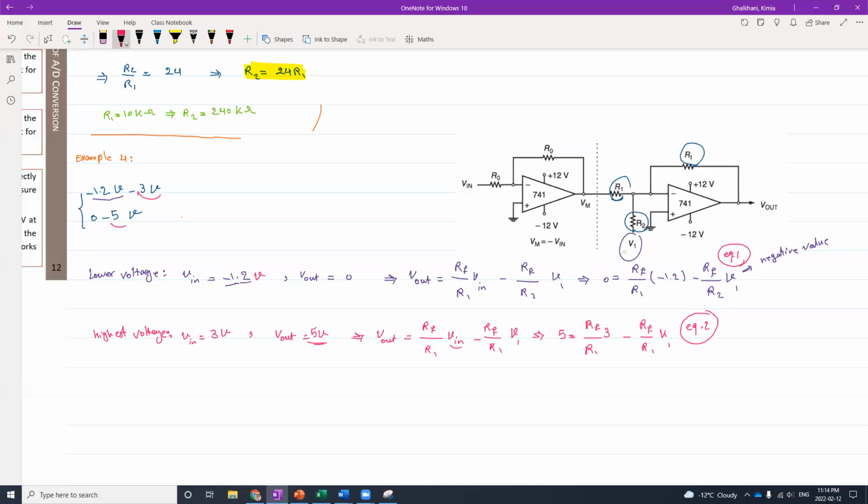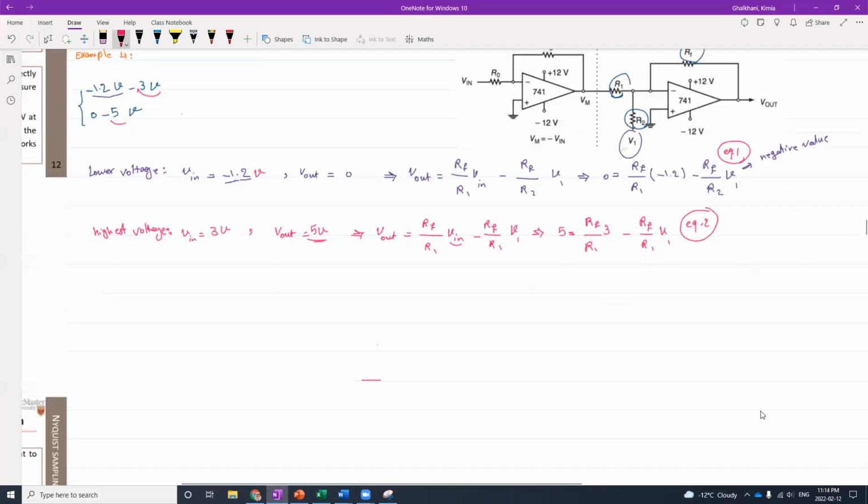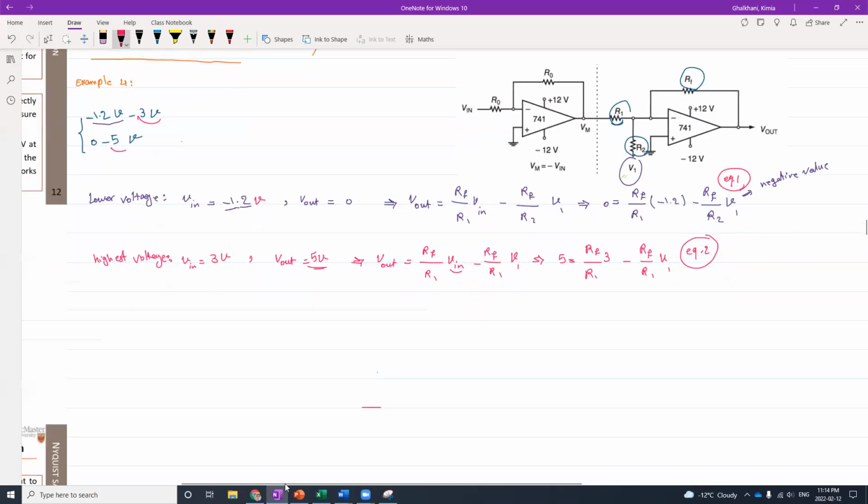How to do so? As I mentioned in here, V1 must be something negative, right? Since the values of resistance are always positive, we cannot have this one be negative, and then there can be an infinite number of solutions for R1, R2, and RF.